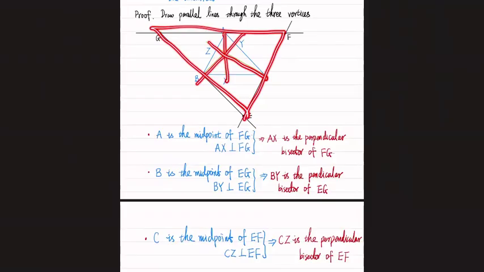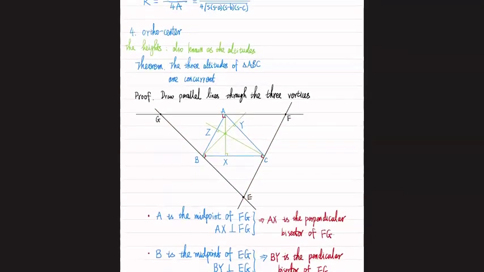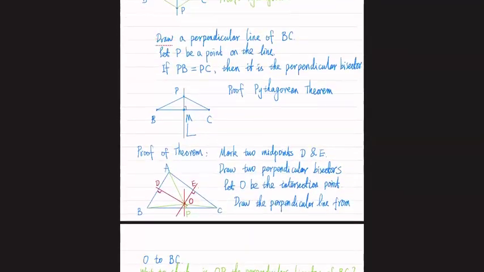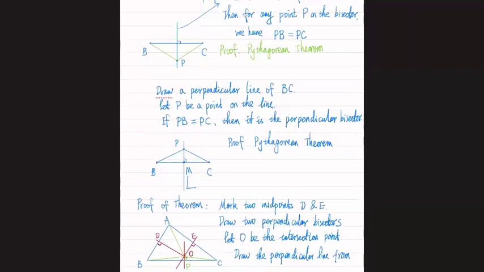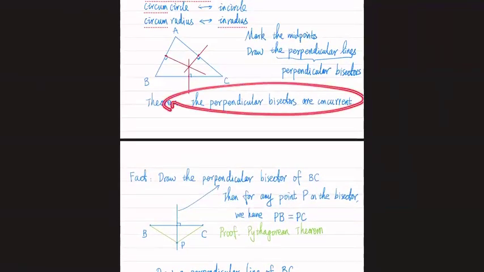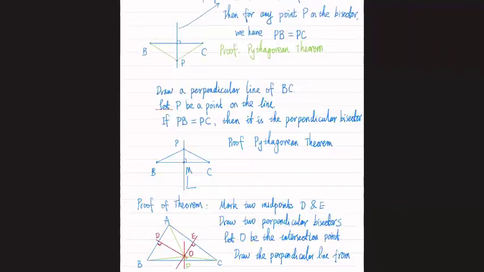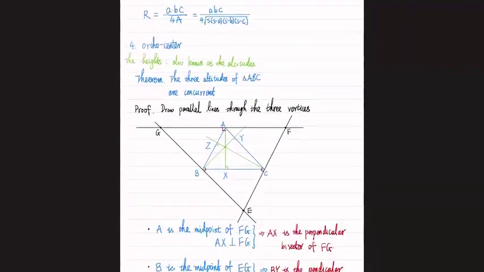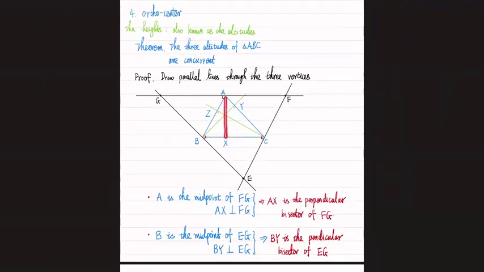Now we apply our previous theorem: the perpendicular bisectors are concurrent. So these three lines are the perpendicular bisectors of EFG. They must be concurrent.